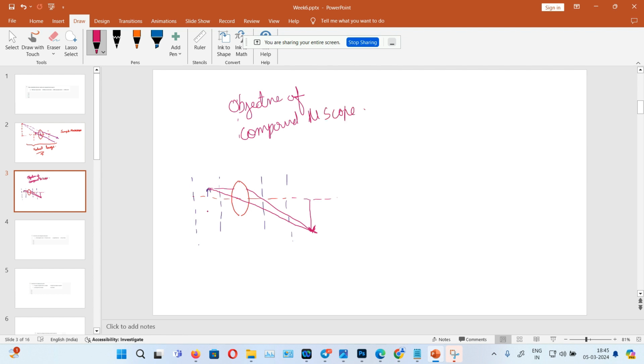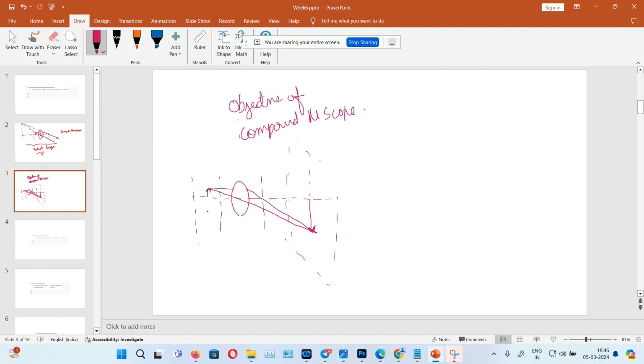There will be a specimen, and the objective lens will make a real image. You can see the lights meeting here, so if you put a screen somewhere here, it will make a real image of that particular object.